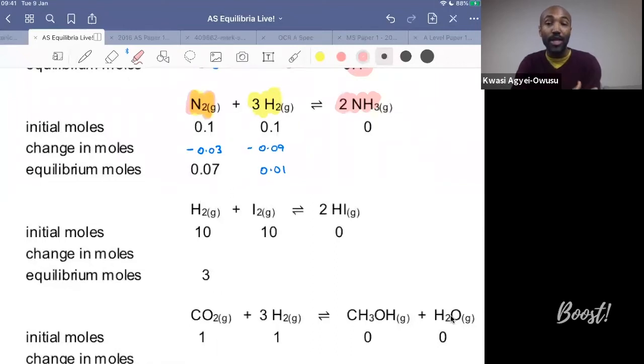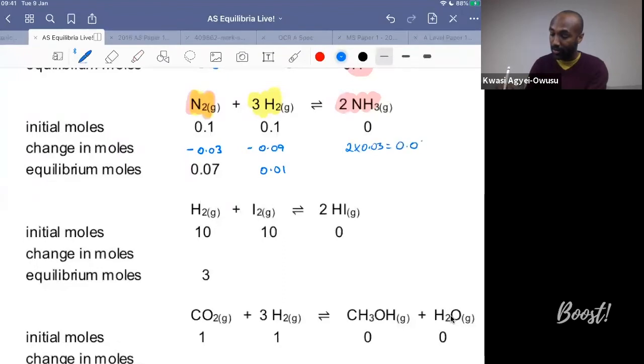Now, we know that only 0.03 moles of nitrogen have reacted. We're going to be forming 2 times that number of moles in ammonia. So we would expect to form 2 times 0.03, which would be equal to 0.06.